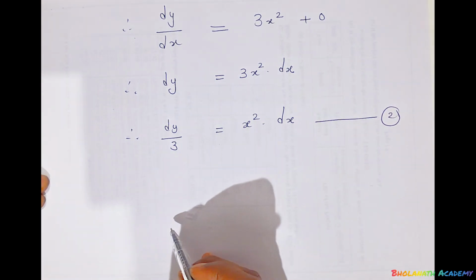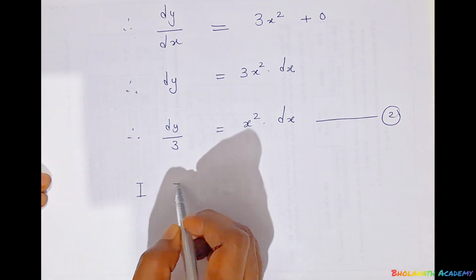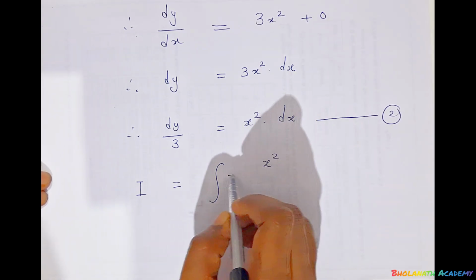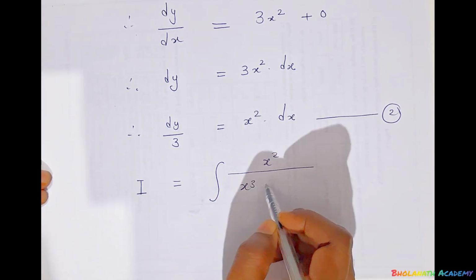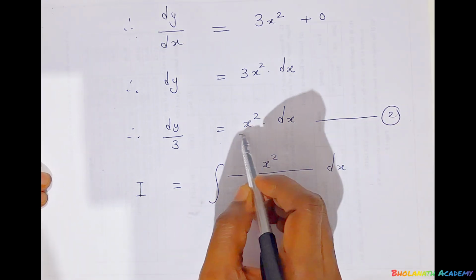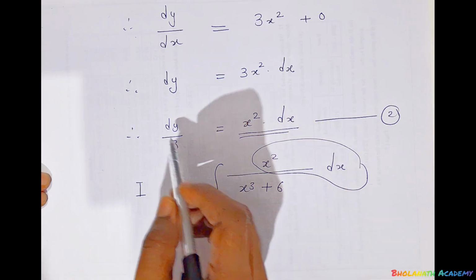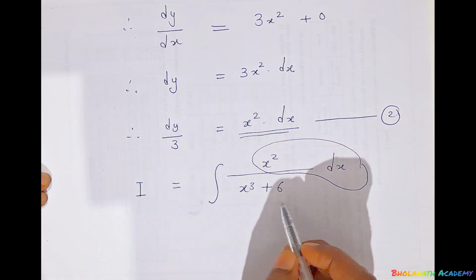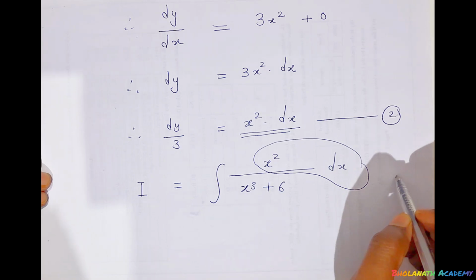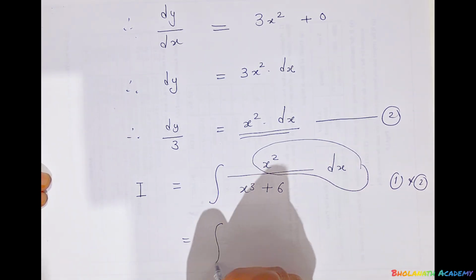Now again you put your integration: integration of x square upon x cube plus 6. Here x square into dx is nothing but dy upon 3, and x cube plus 6 we have already from 1, which is y. So from 1 and 2, the new integration will be like this.